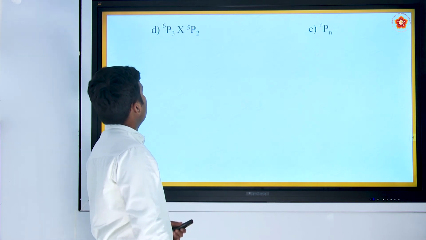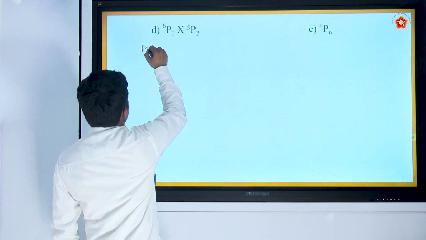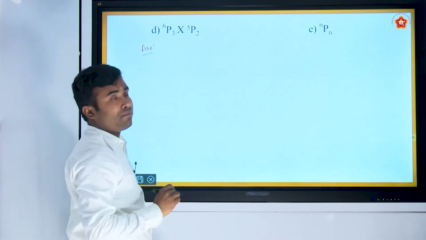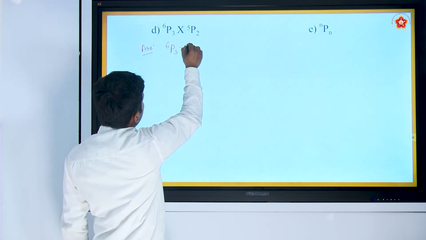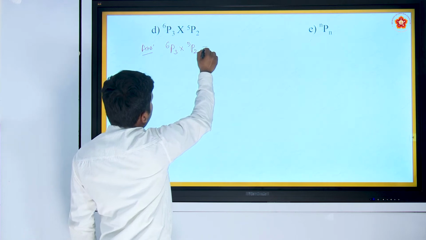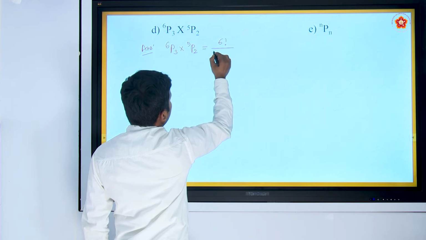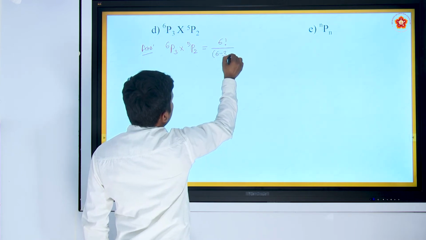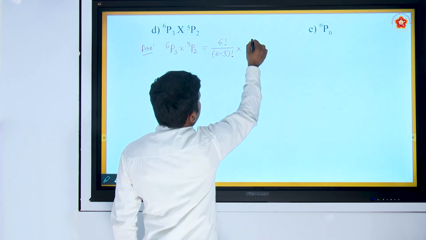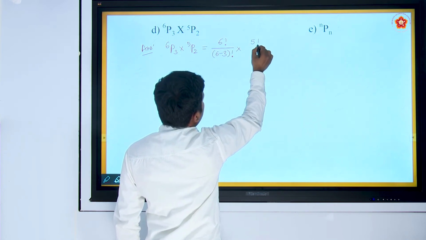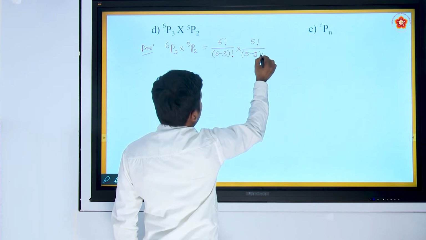Next, 6P3 into 5P2. In the same way you can apply the formula here. 6P3 into 5P2 is equal to 6 factorial divided by (6 minus 3) factorial, into 5P2, which is 5 factorial divided by (5 minus 2) factorial.